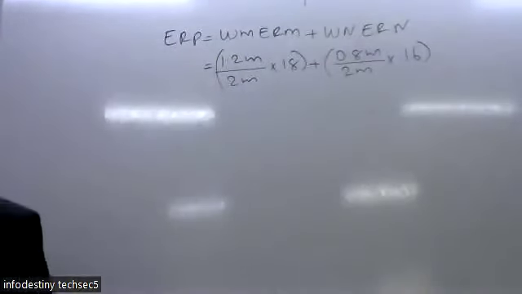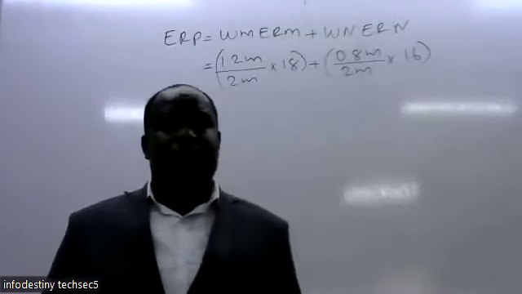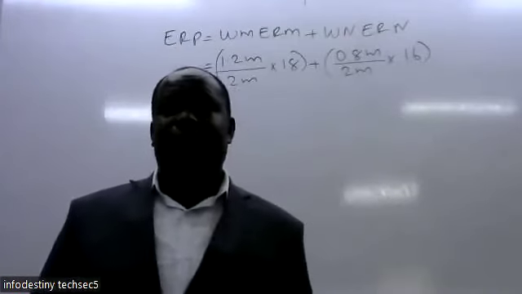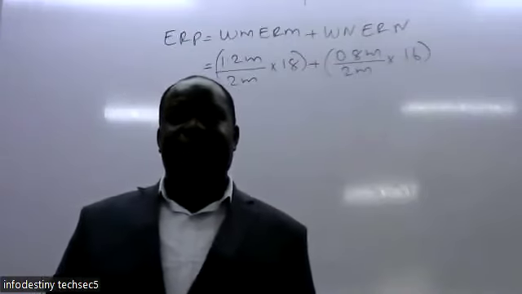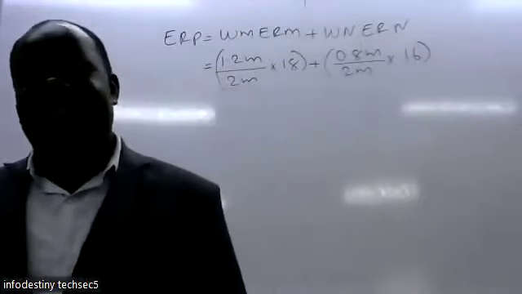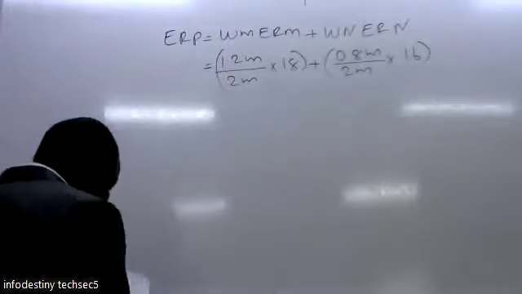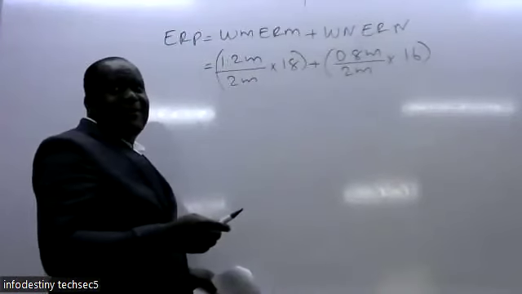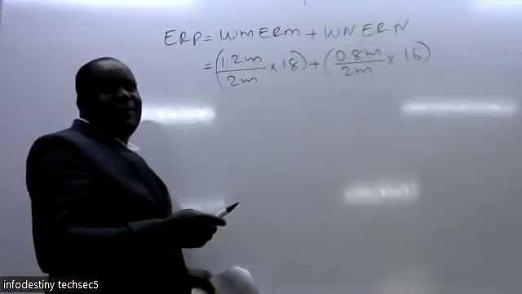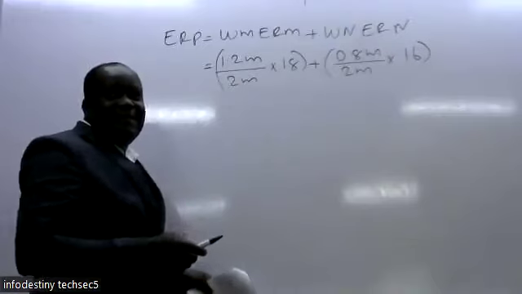So after that, we now go to Roman letter 2. Yesterday we did not divide. What you get is the proportion: 1.2 divided by 2 is the same as 0.6.